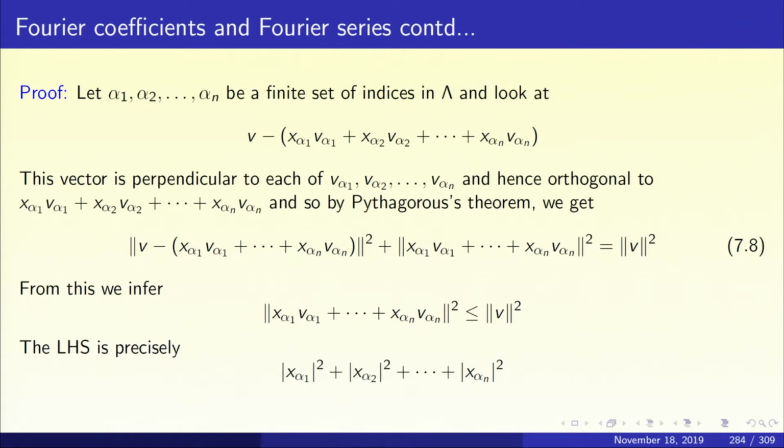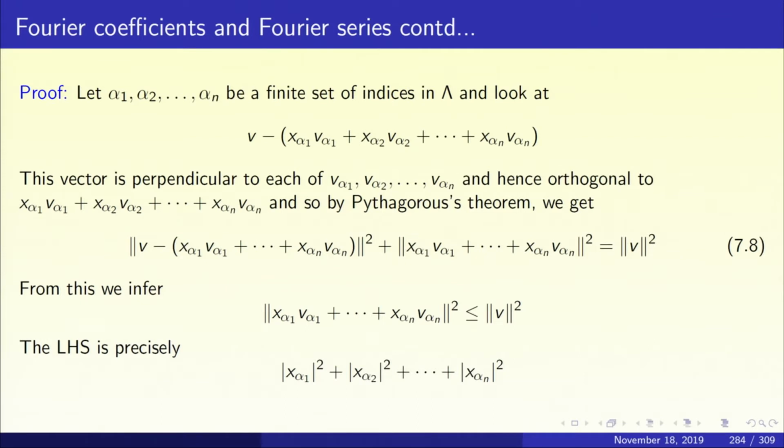So, now let us knock off one of the terms on the left hand side of 7.8. The first term I knocked off. What do I get? I simply get norm squared of x alpha 1 v alpha 1 plus etc. plus x alpha n v alpha n less than or equal to norm squared v.